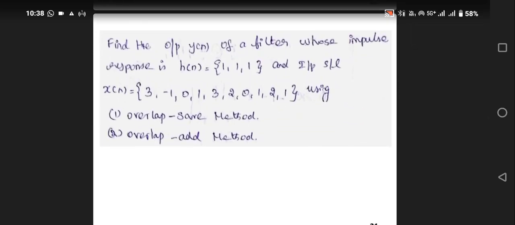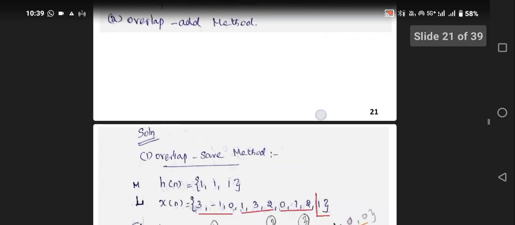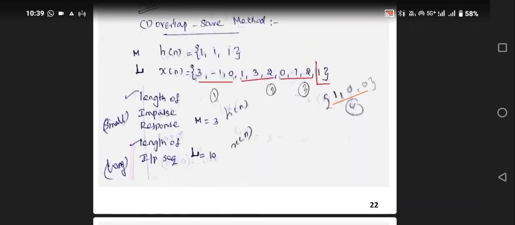Find the output of a filter whose impulse response is h of n equal to 1, 1, 1, and the input signal x of n is equal to 3, minus 1, 0, 1, 3, 2, 0, 1, 5, 1, using the overlap save method and overlap add method. In the overlap save method, the length of the impulse response M is equal to 3, and the length of the input sequence is equal to 10.